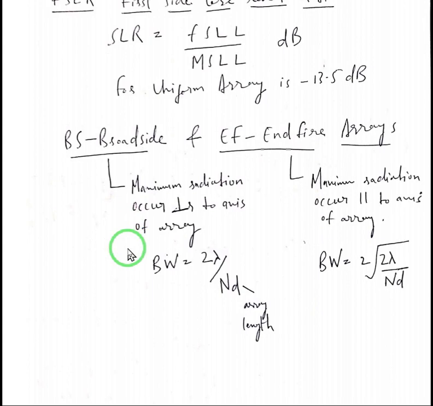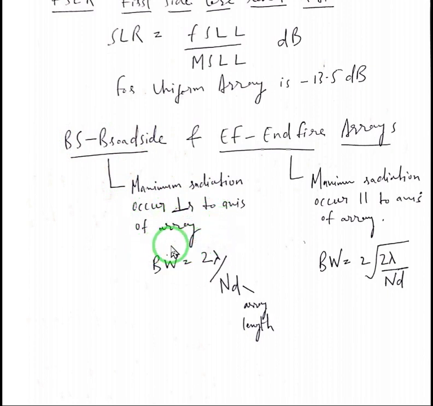Now we will discuss two further types of array antennas, that is the broadside array and the endfire array. A broadside array antenna is referred to as broadside because the maximum radiation occurs perpendicular to the axis of the array.